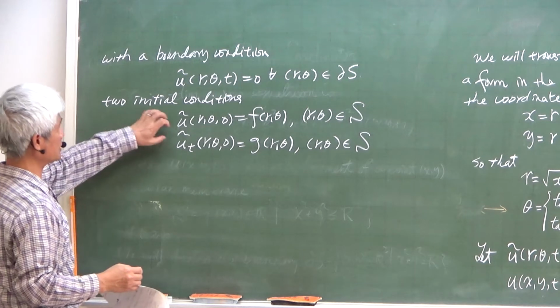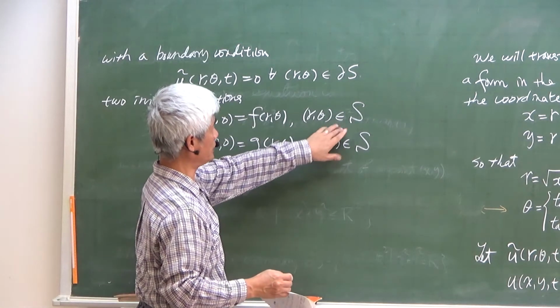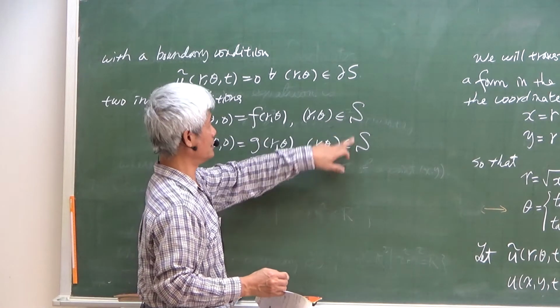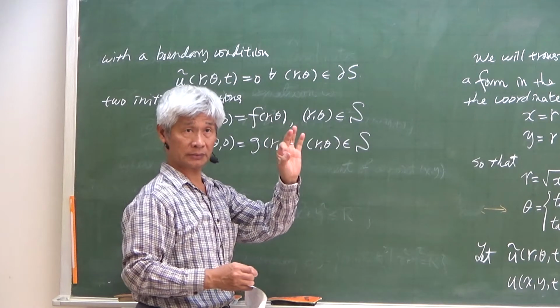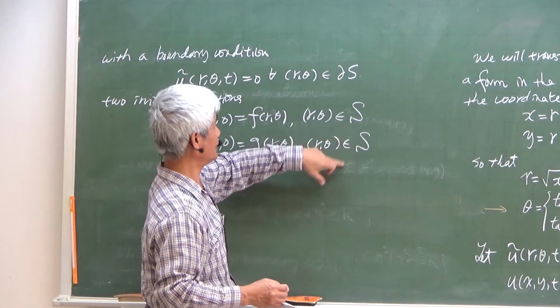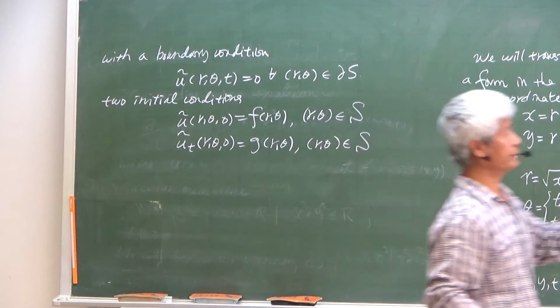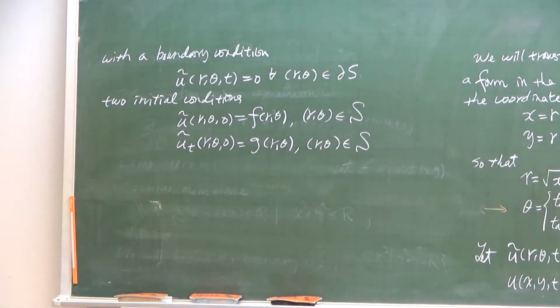So the initial condition is good for all points in the circular disk, including the origin, the center of the disk. Okay. Even though the partial differential equation is only good for the circular disk without the center. Why? Because at the center, r is 0, this is infinite. Okay, so we have to exclude the center.